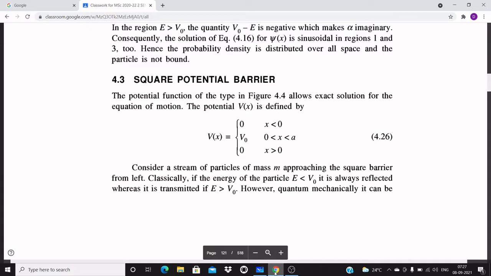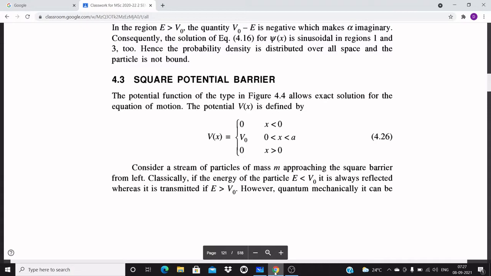After analyzing those two examples, we have also analyzed a free particle, the square well potential with infinite walls or a particle in a box, and the square well potential with finite walls. So these are the one-dimensional examples we have analyzed.